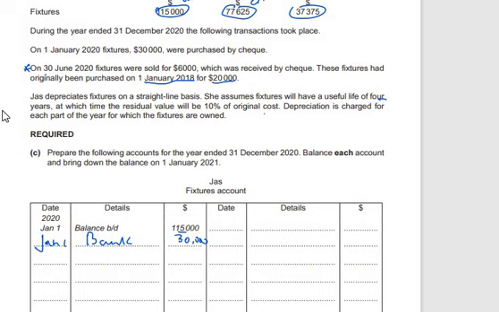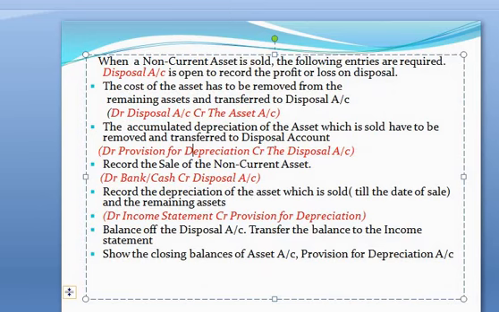These are all the steps that we looked at in our previous PowerPoint presentation. So we are going to remove the sold asset, meaning the fixtures, from the other assets, and we also remove the depreciation of the sold asset.